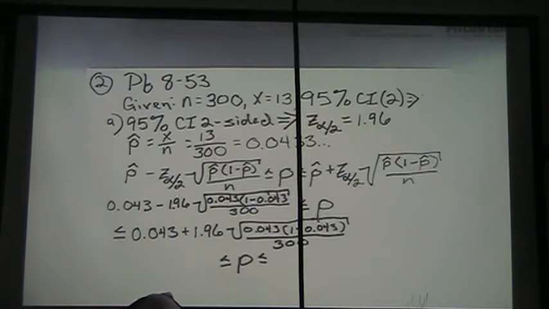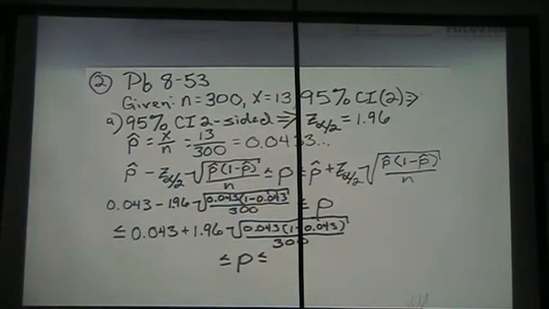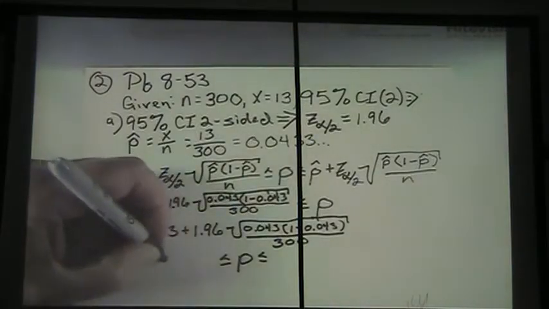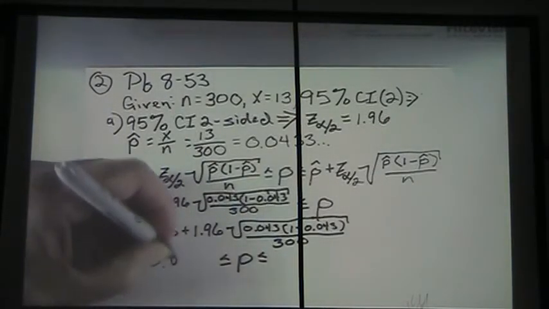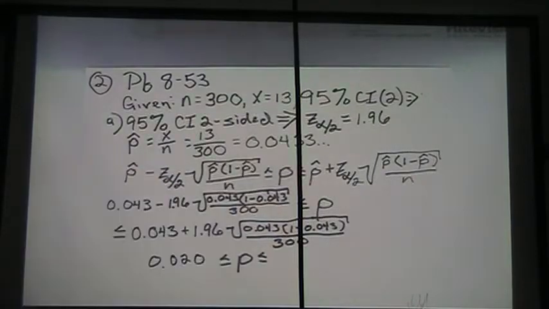So for my lower bound, I'm going to get 0.020.